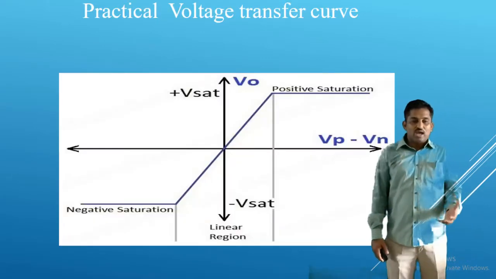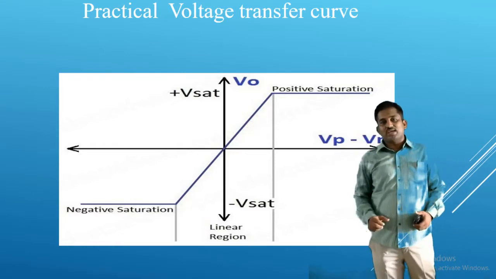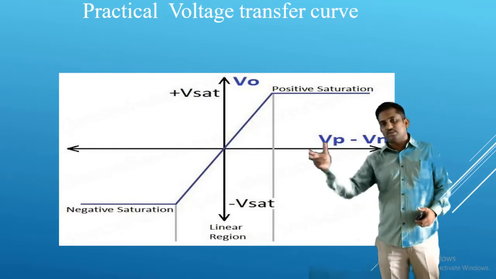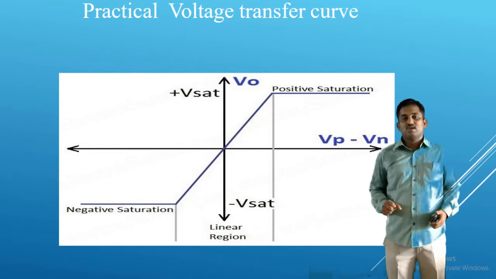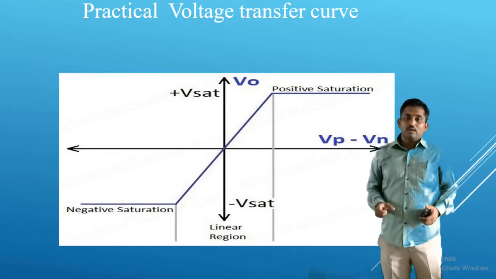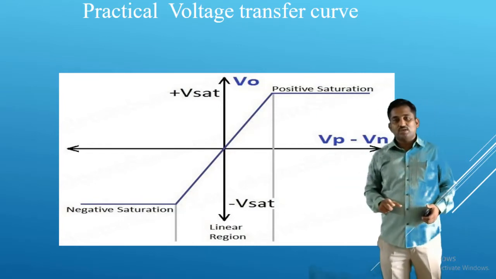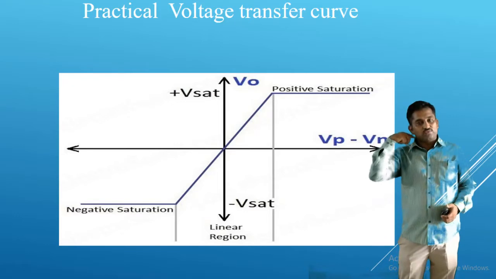Next, coming to the practical voltage transfer curve. The difference between the ideal voltage transfer curve and the practical voltage transfer curve is that for an ideal op-amp the gain will be infinity, whereas for the practical op-amp the gain is not infinity.